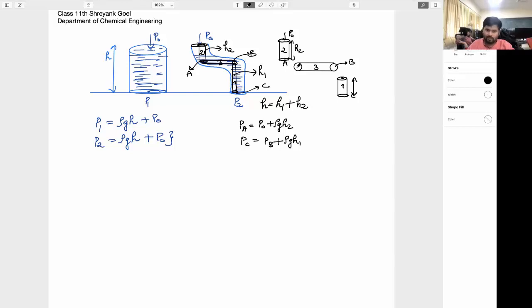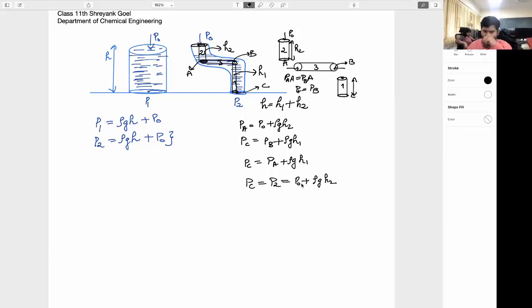And for the horizontal case, PA into A is equal to PB into A, so PA is equal to PB. So PC comes out to be PA plus rho g H1. So PC, that is also P2, is equal to P naught plus rho g H2 plus rho g H1.